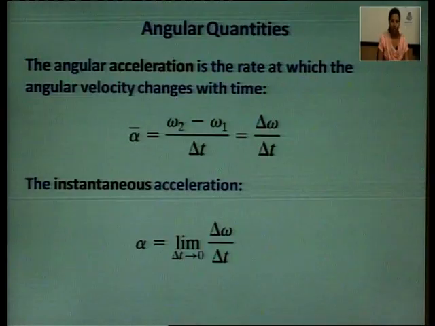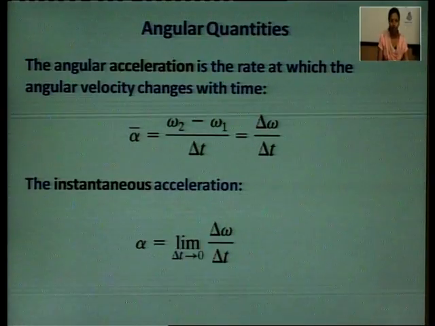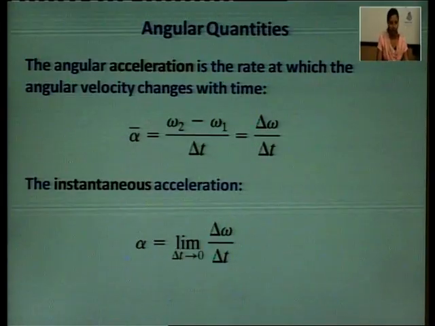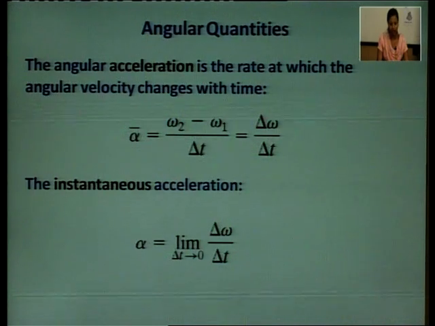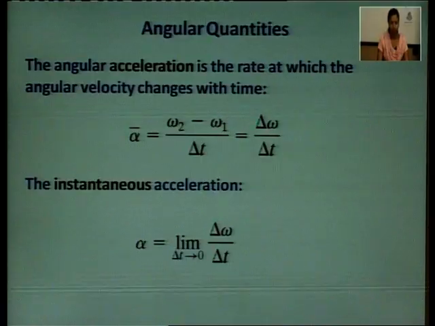Omega 2 minus omega 1 upon delta t is called average angular acceleration. For instantaneous angular acceleration, the only change is that delta t should approach 0. The rest of the terms are the same.